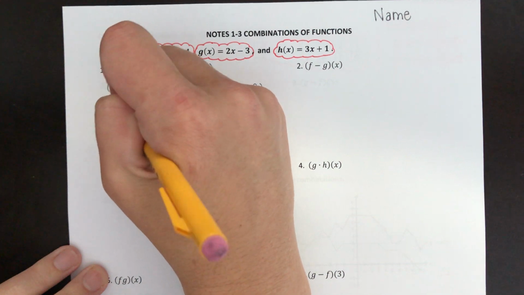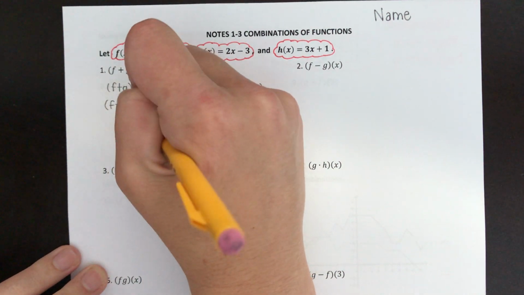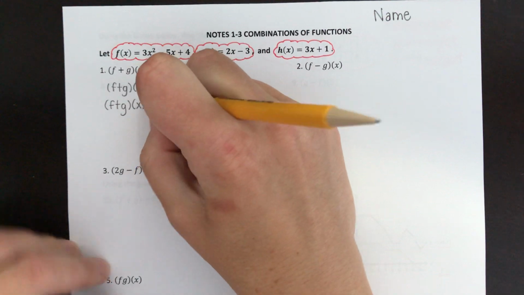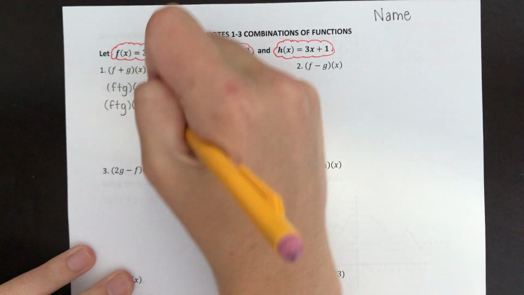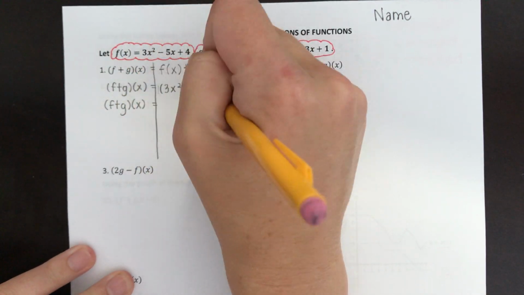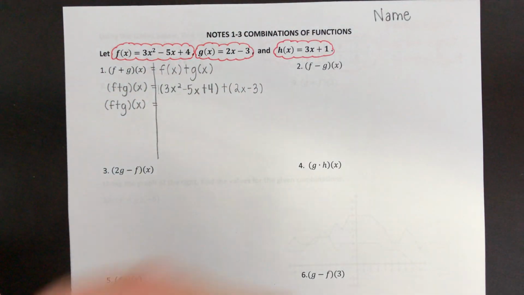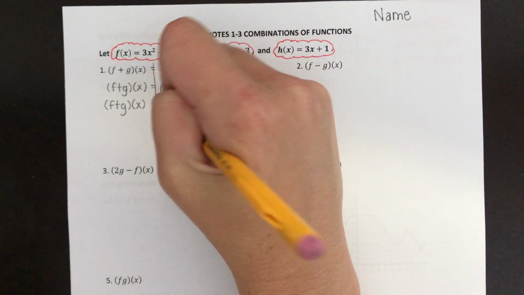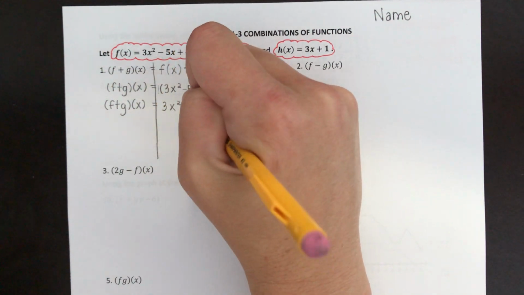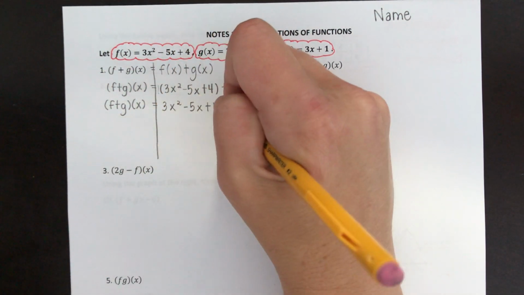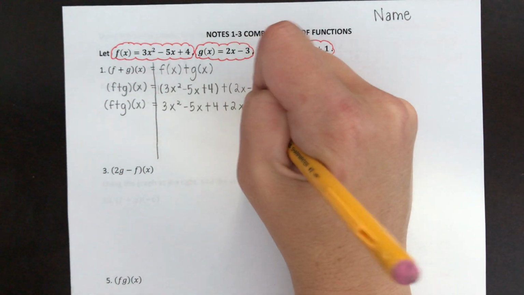Okay? And in front of both of those parentheses is an implied positive 1. And when I distribute this implied positive 1 to all three terms and distribute this positive 1 to both terms here, recall that none of the terms will change. 1 times anything is itself, so everything stays the same. Okay?